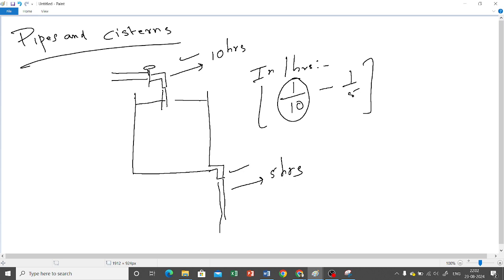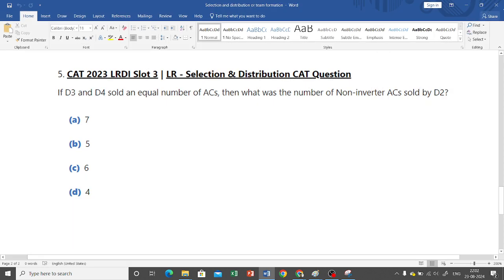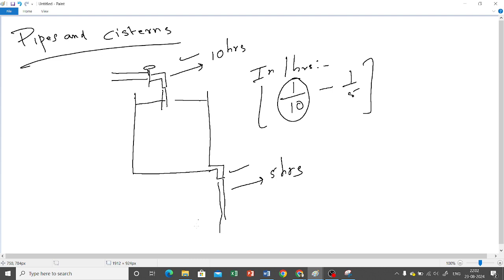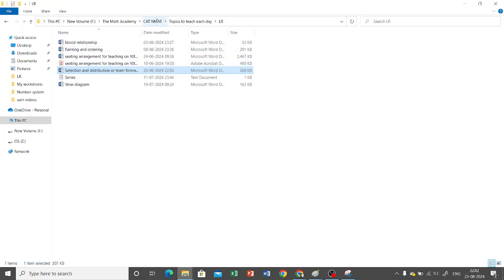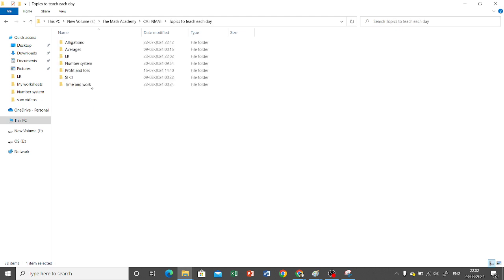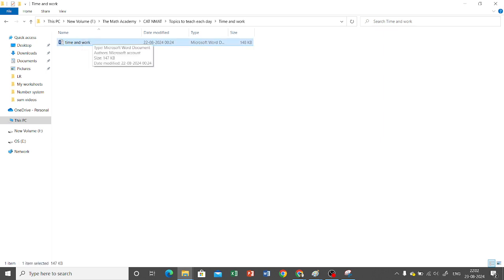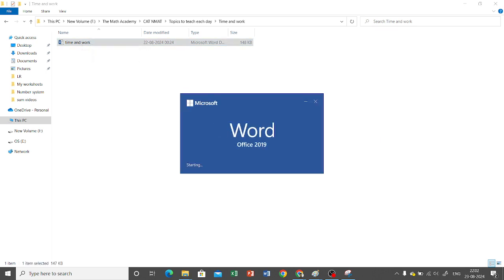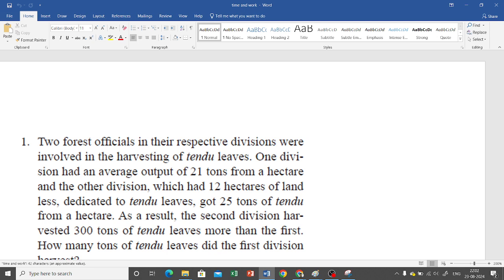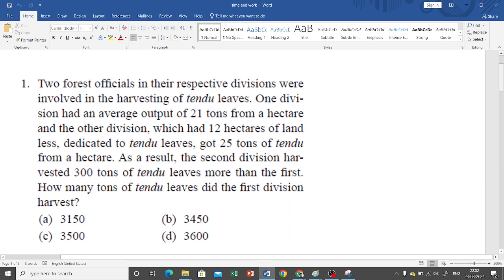Okay, so this is just some small concepts that I'm teaching. Let us do some sums. Try out this sum.